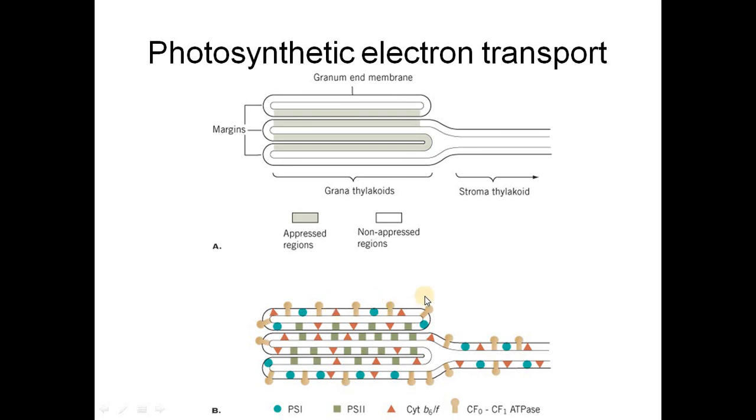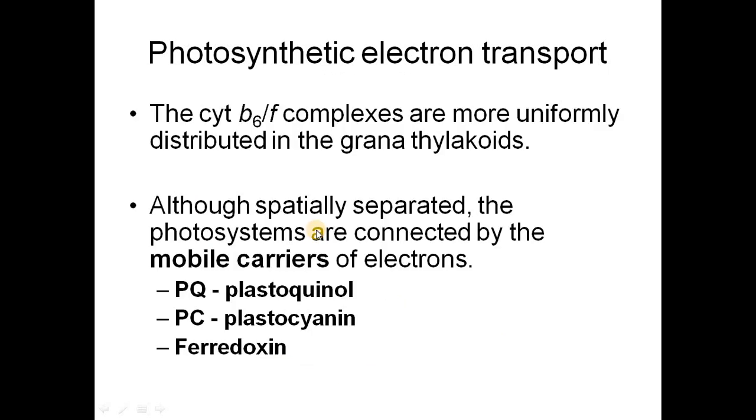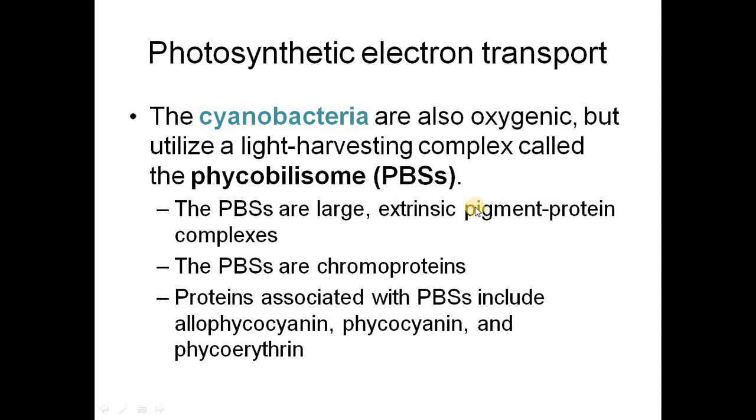Another thing you can notice right here is how the molecules of the ATP synthase are located towards the outside. It would be very inconvenient to trap the ATP inside the granum. So all the ATP that's being created is going to go outside of the granum into the stroma. That is why this lateral heterogeneity is extremely important.